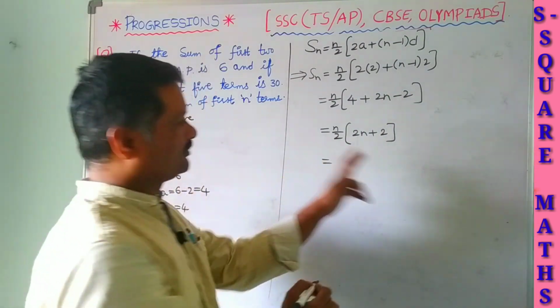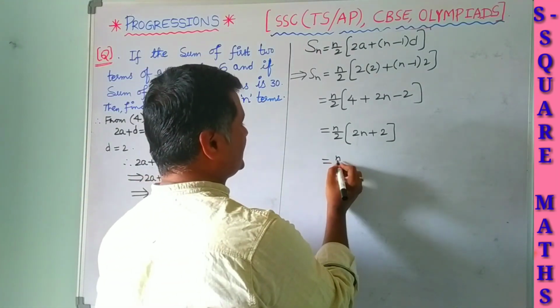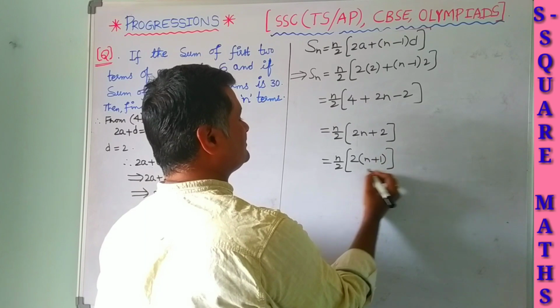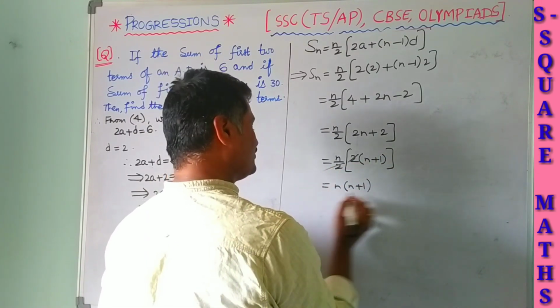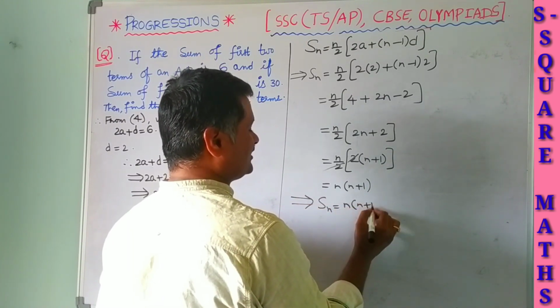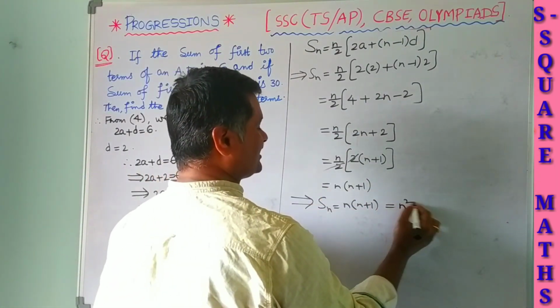So n by 2 into 2n plus 2, because 4 minus 2 gives 2. Again, no need to multiply. In the square bracket, you can take 2 as common, so n by 2 into 2 of n plus 1. The 2 and 2 get cancelled, giving n of n plus 1. This is nothing but Sn is equal to n into n plus 1. If you multiply with n, you can also write n square plus n.